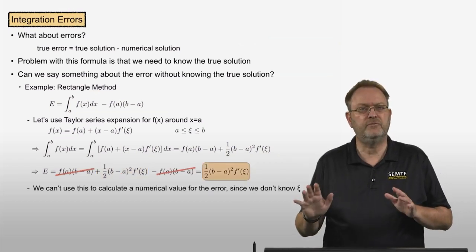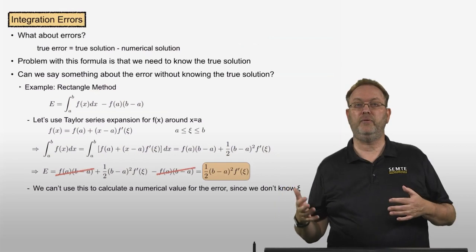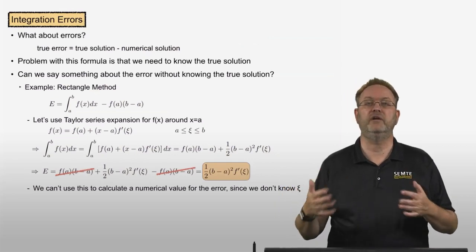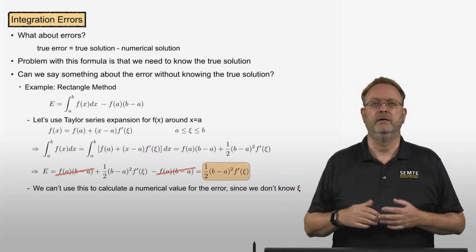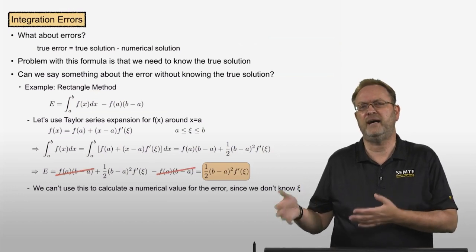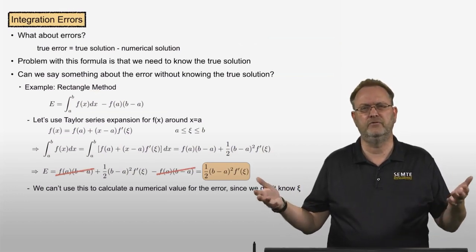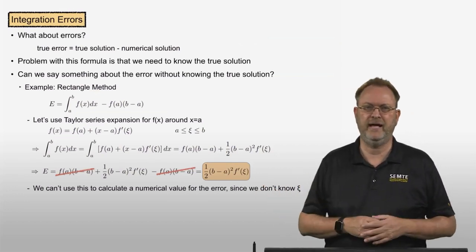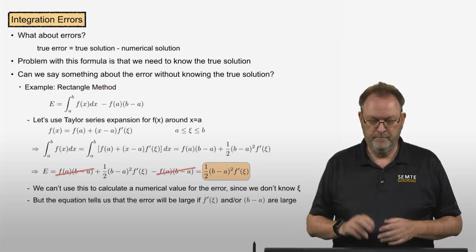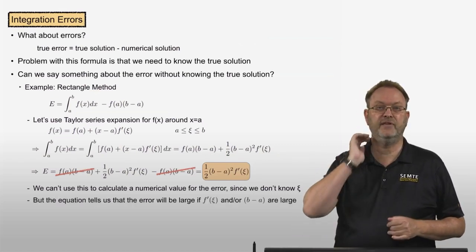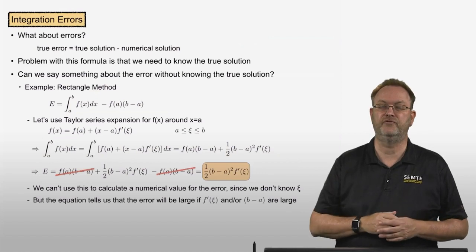Now, let me just reiterate, we can't use this formula to calculate a numerical value for the error, because we don't know what psi is, and we don't really know what the derivative of this function would be anyway. But the equation tells us something of how the error behaves.